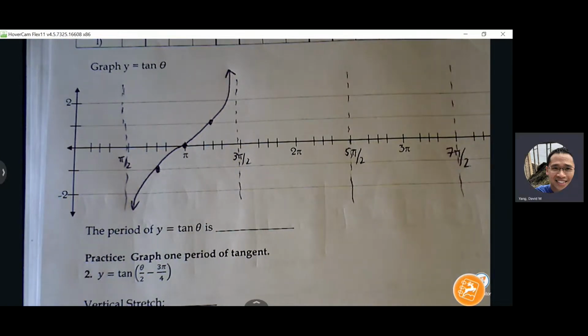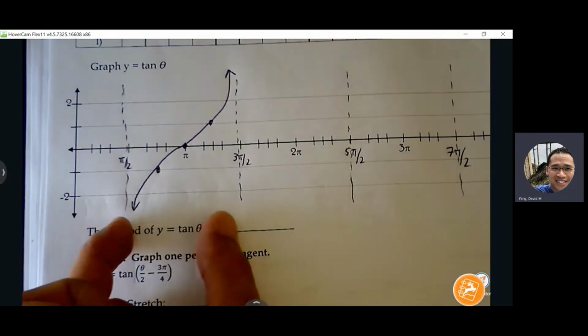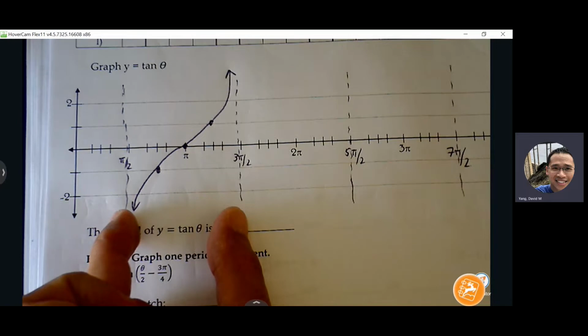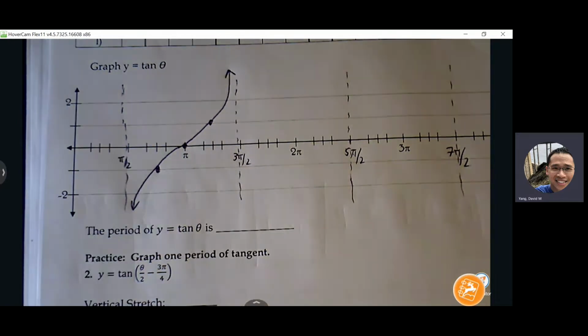So if I want to see the full period, I have to start at pi over 2 and end at 3 pi over 2. But this distance is still what? It's still pi, right? Because pi over 2 plus pi gives me 3 pi over 2.